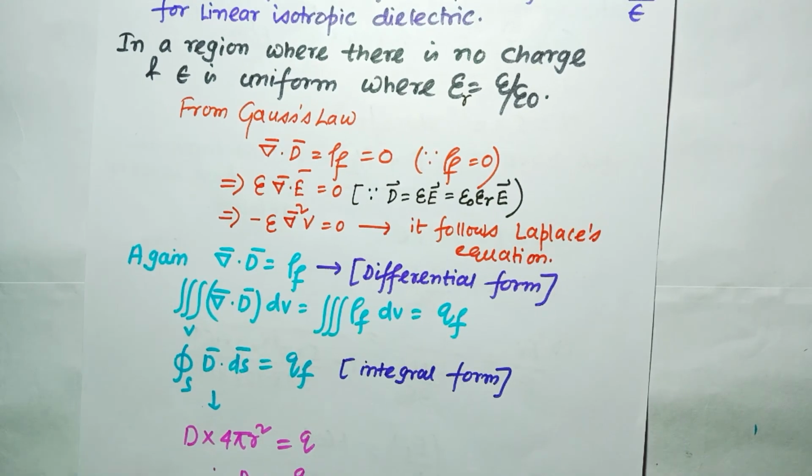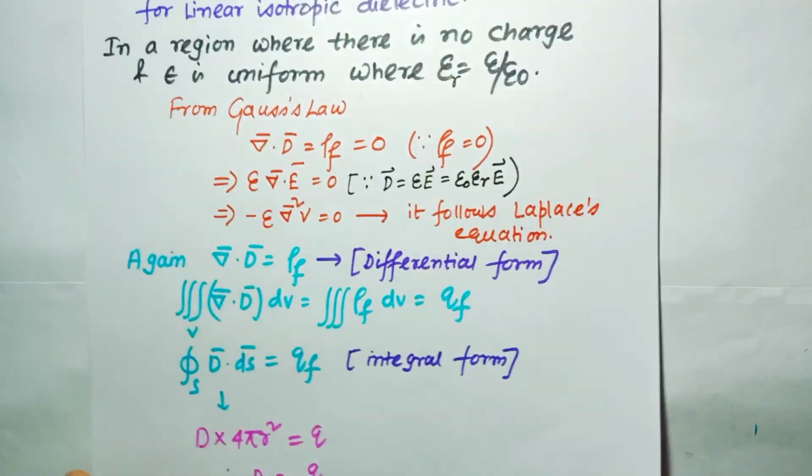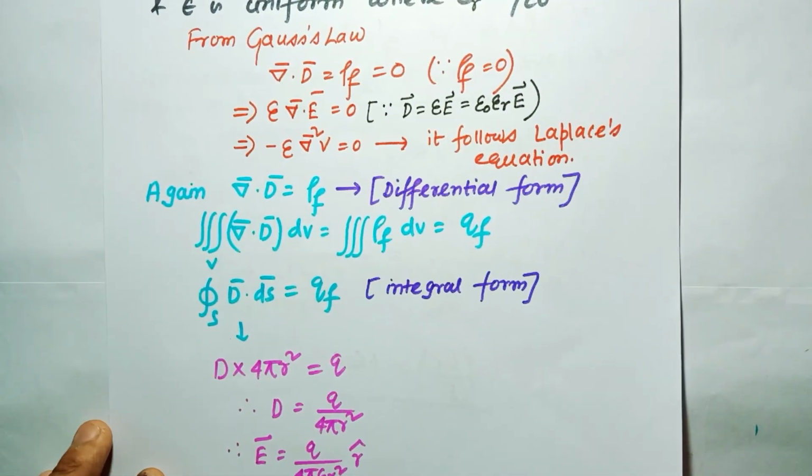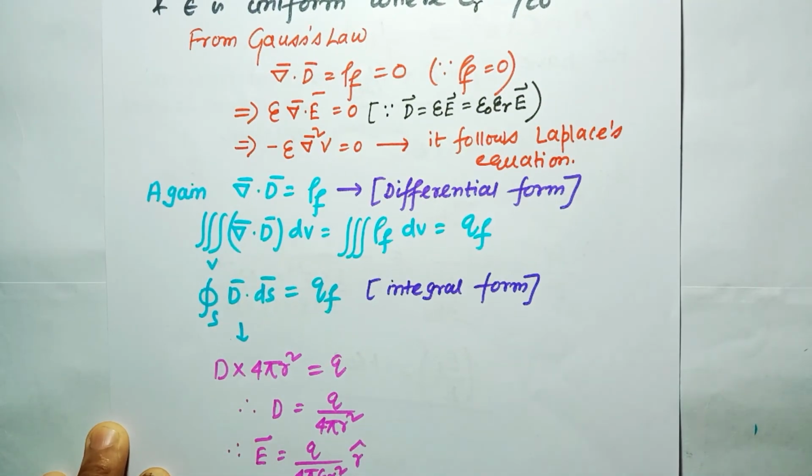Now similarly, like for Gauss's law problems, I will draw an imaginary sphere of radius r inside the dielectric to calculate the value of D at any point inside the dielectric for some charge placed inside it. For the imaginary Gaussian surface, the surface area is 4 pi r square.